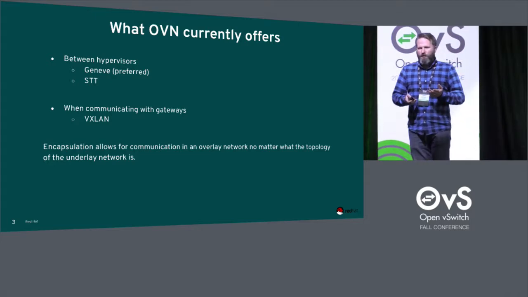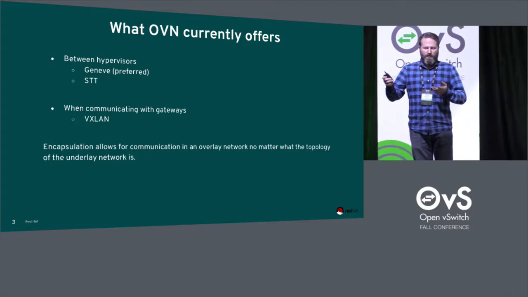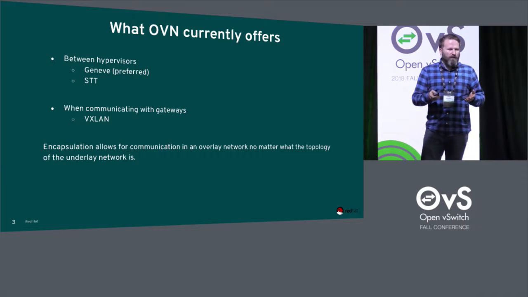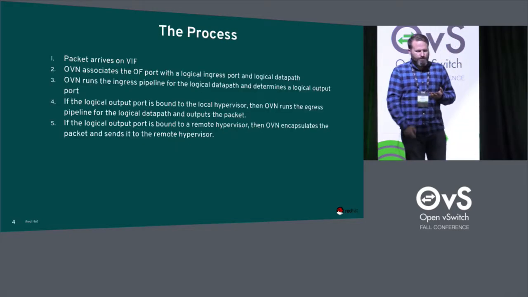OVN currently uses Geneve or STT in order to communicate between hypervisors, and it can use VXLAN when communicating with a gateway. If you're not familiar with what encapsulation is, it's a way of allowing for communication between nodes in an overlay network without any knowledge of what the topology of the underlying network is.